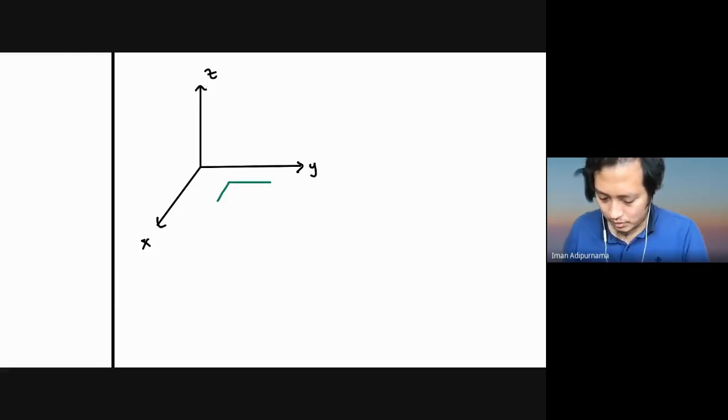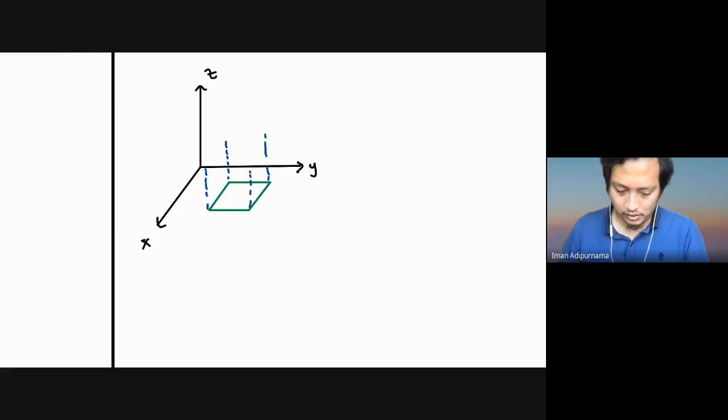Okay, let's say this is the R. And this is the tangent plane. Let me use the red color.